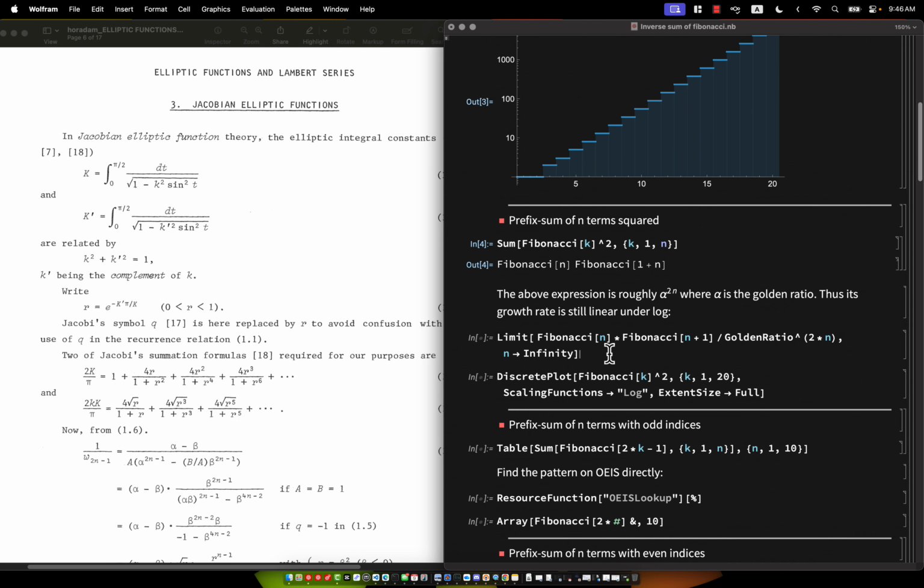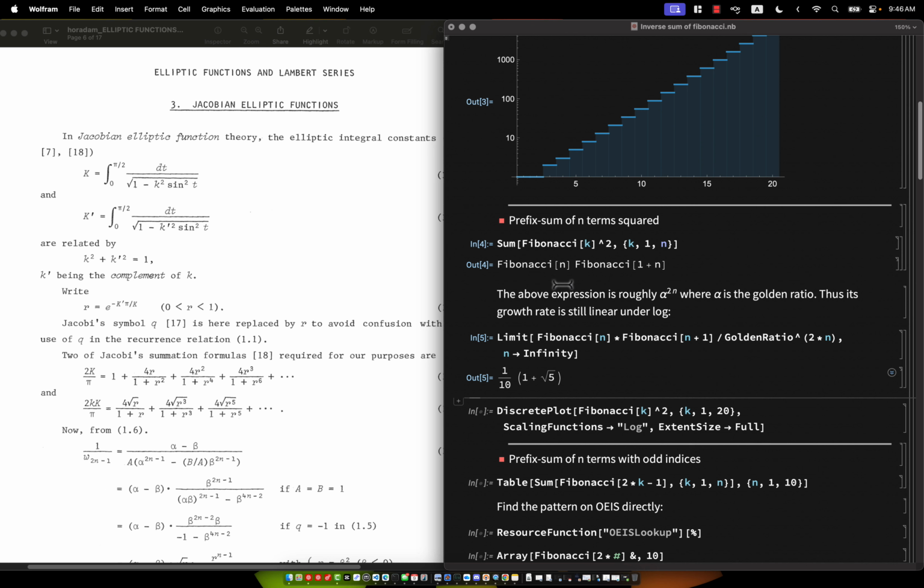So in general, because of the Binet formula, if you sum up Fibonacci numbers to the power of p, let's call it p, because n is duplicated here, you should have something like this, with the p terms multiplied together, and that will make it something close to alpha to the power of p times n.